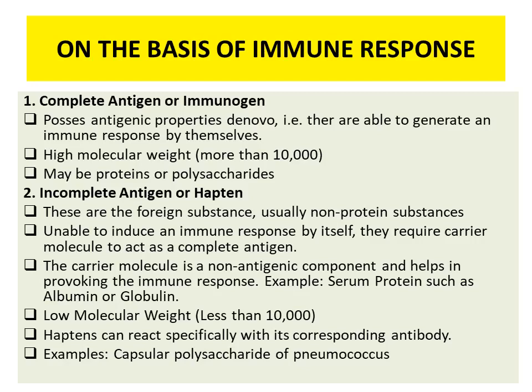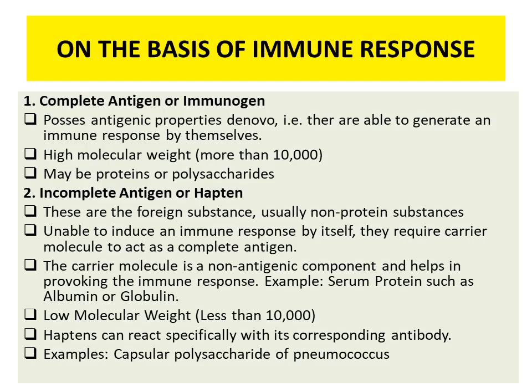Complete antigens are basically proteins having high molecular weight, more than, very important, 10,000 daltons. So they can induce the immune response on their own. Whereas incomplete antigens or haptens are foreign substances which are usually non-proteinaceous.